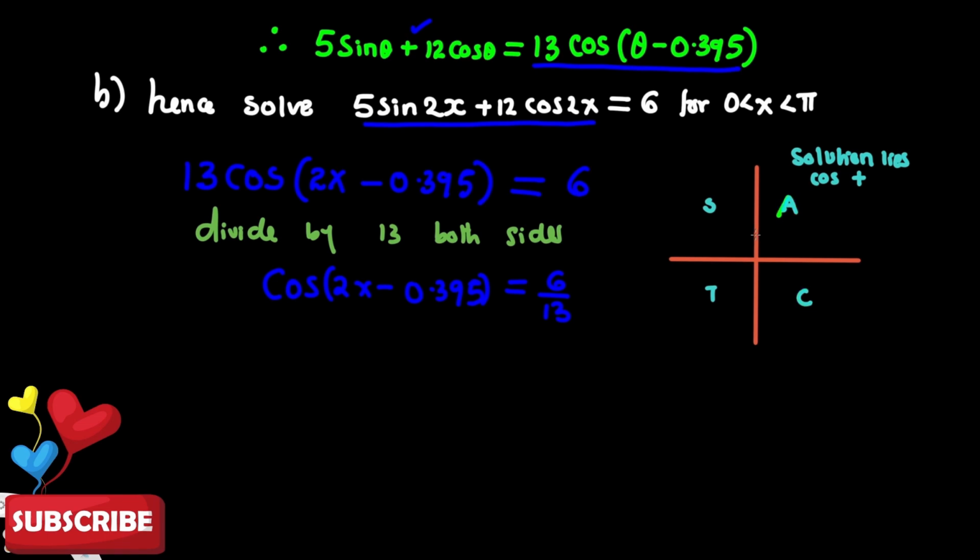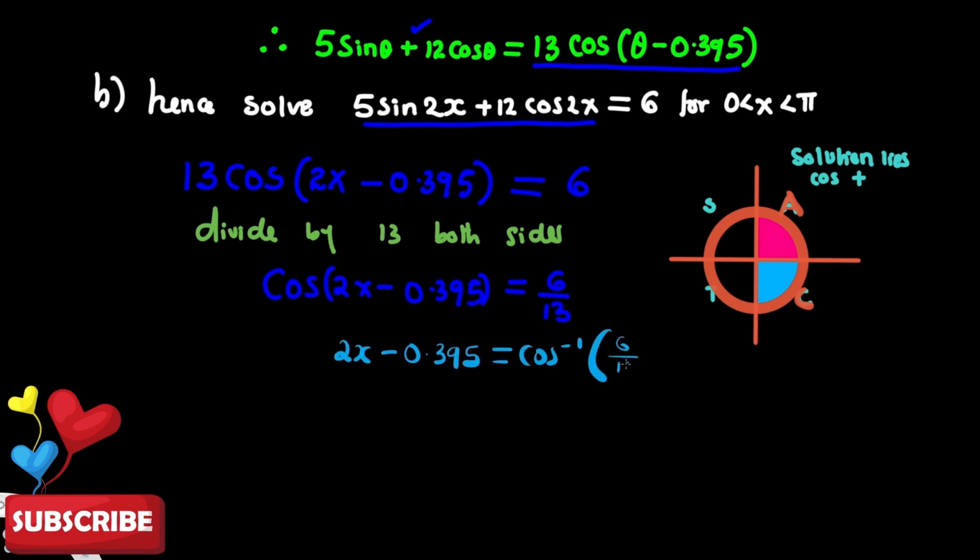Now, if we have identified it's going to be in the first and the fourth quadrant, we can now go ahead and try to find that principal value of x, the first value of the angle, which is going to be finding the cos inverse of 6 over 13, and that is going to give us 1.091.